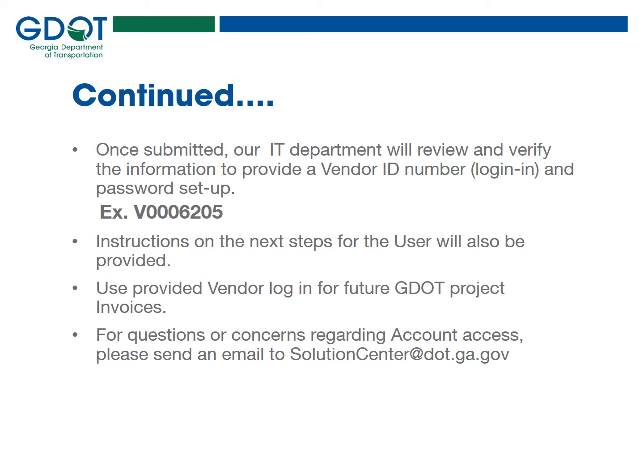Instructions on the next step for the user will also be provided from our IT department. Use the provided vendor login for future GDOT projects. For questions or concerns regarding account access to your external CMIS account, you may email Solution Center, and they will be able to provide you with the necessary steps on how to proceed.